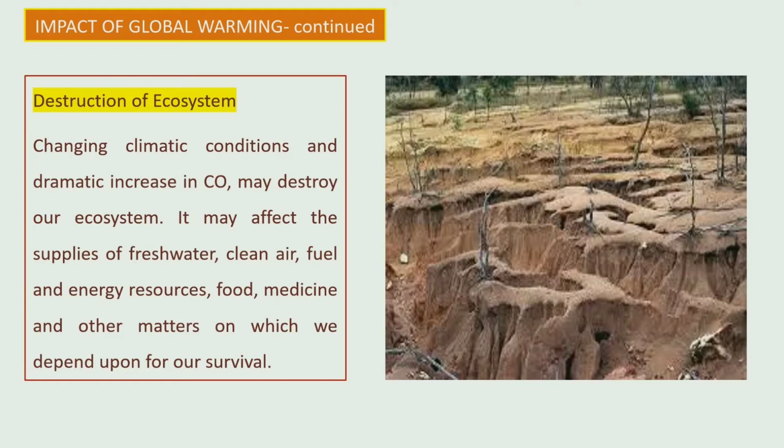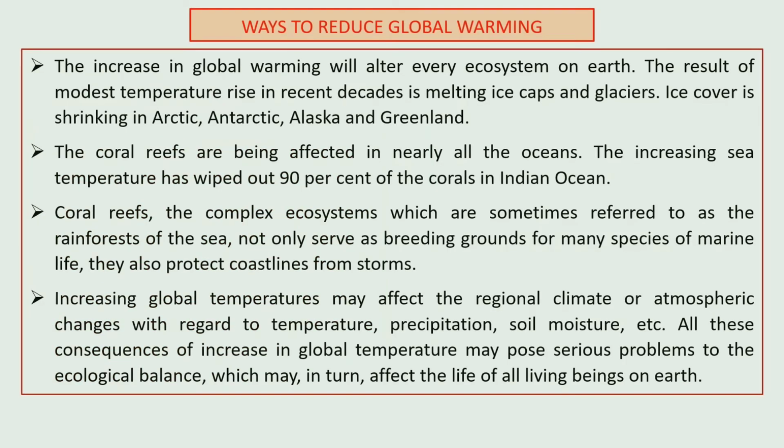It may affect the supplies of fresh water, clean air, fuel and energy resources, food, medicine and other things on which we depend for our survival. So fresh water, clean air, fuel and energy resources will be reduced, and it will be difficult for us to survive on earth. Now let us discuss a few ways to reduce global warming.